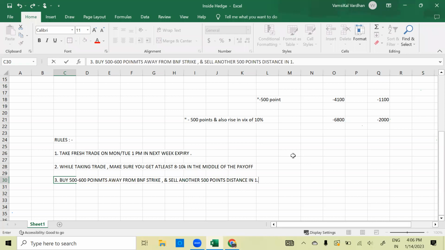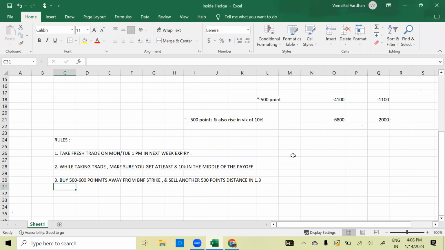The ratio 1:3 means if you are buying one lot, you need to sell three lots.